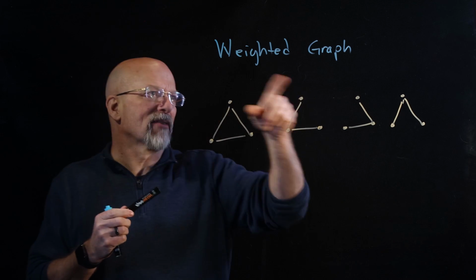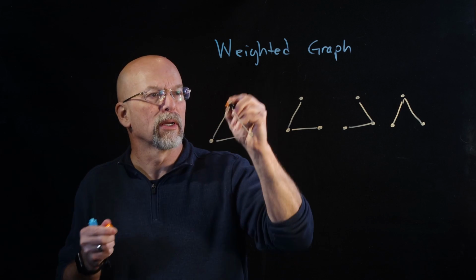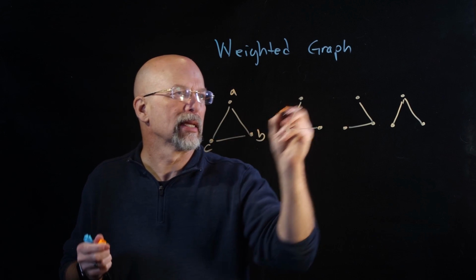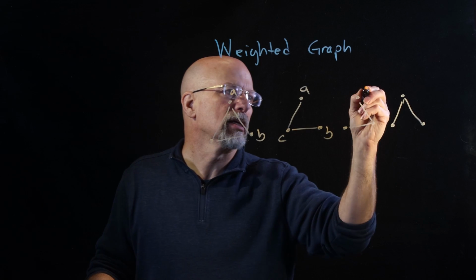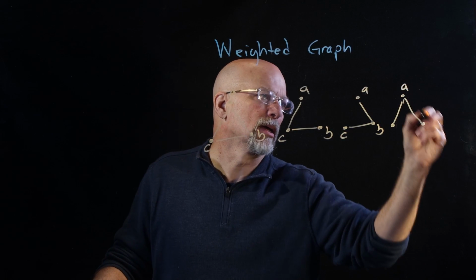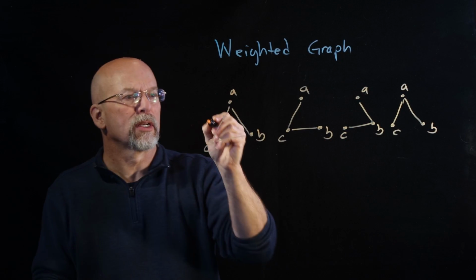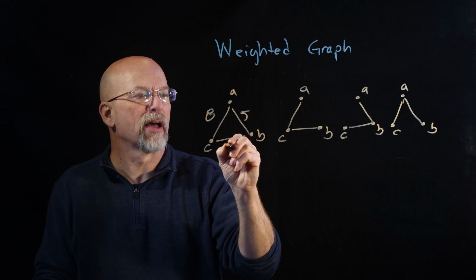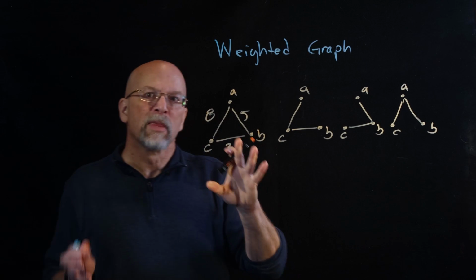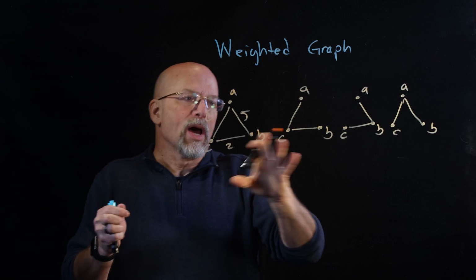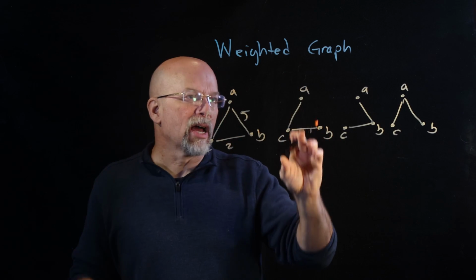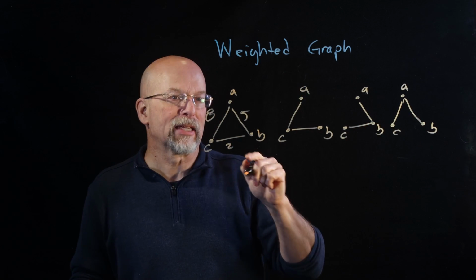So what I'm doing is I've got this 3-node graph, A, B, C. I've got these 3 nodes, and maybe I've got 8, 5, 2 as the different weights. Well, what I'm looking at is what is the overall weight of each one of these spanning trees.